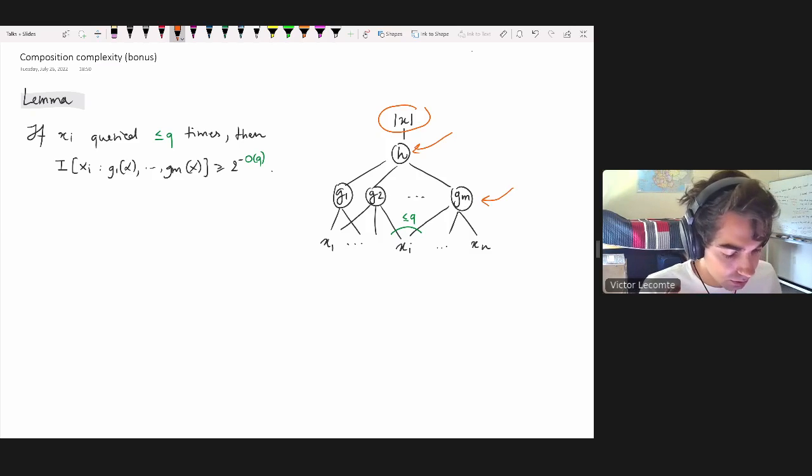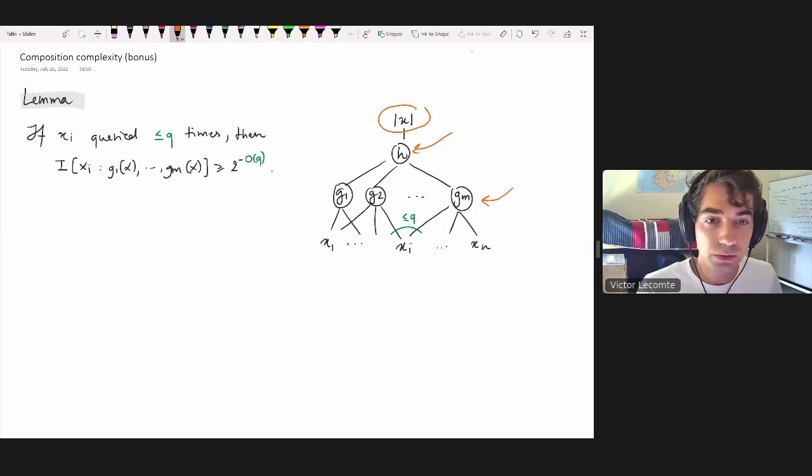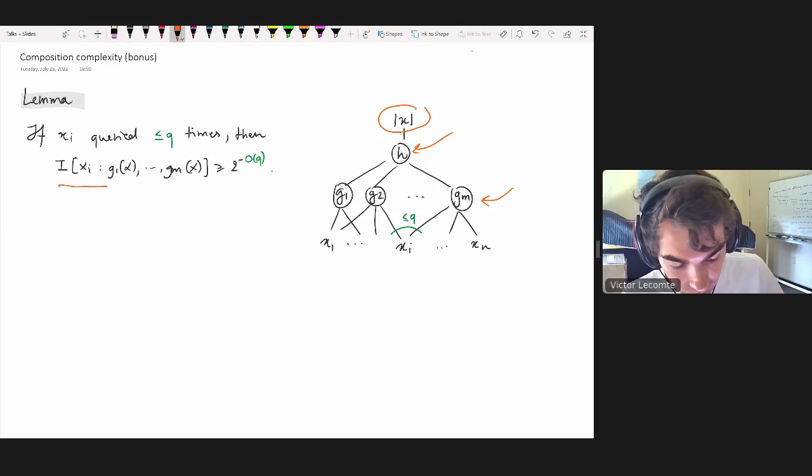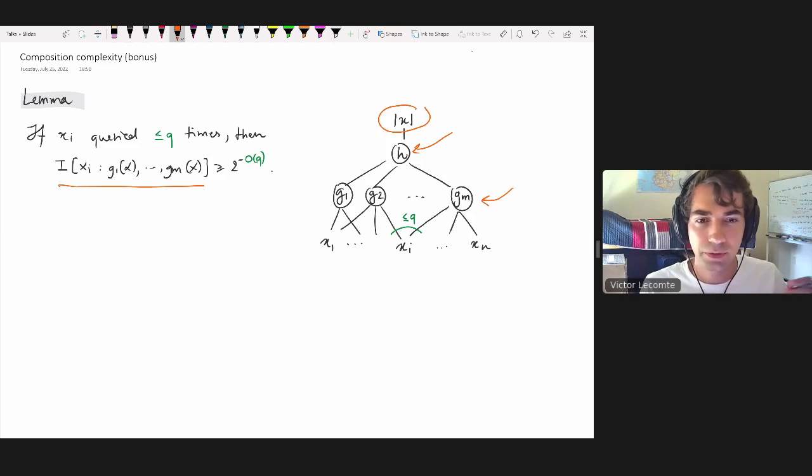The lemma only assumes that for some variable xi, it is queried a few times by the sub-functions, and it deduces from that that the subfunctions must say a lot about that variable xi. Saying a lot means, in terms of mutual information, that the mutual information between xi and the output of the subfunctions is non-zero and exponentially decreasing in Q, the number of times that xi is queried.